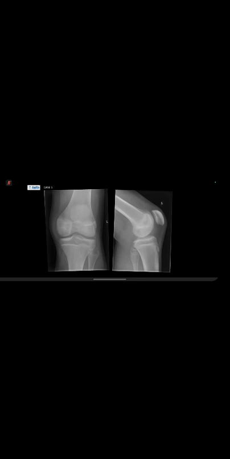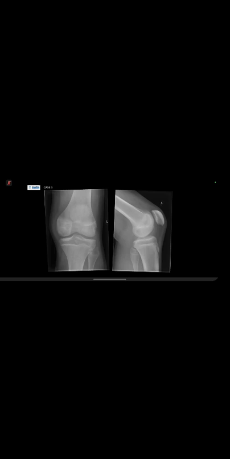The most worrying finding for me is in the right medial condyle of the femur: there is a rounded lucent lesion in the right femoral medial condyle with a thin sclerotic margin. It is well defined.